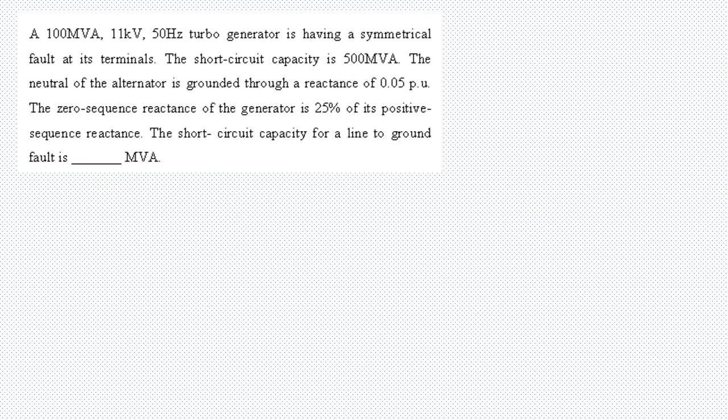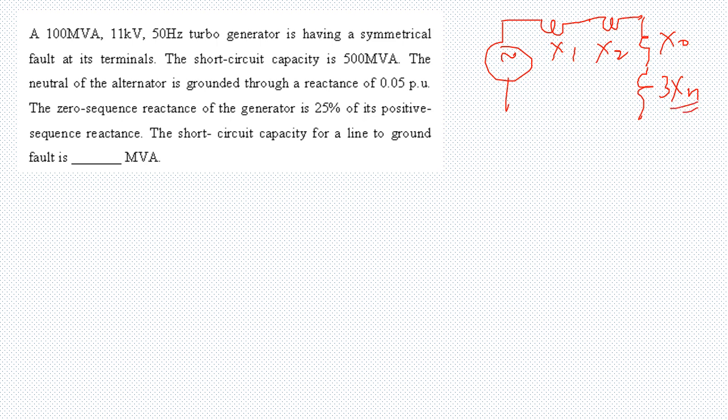Now you know that when a line to ground fault occurs, the sequence impedances can be written as x1, x2, x0, all in series because all the sequence currents are the same. And here this is 3 times xn, where xn is the impedance by which you have grounded the alternator.